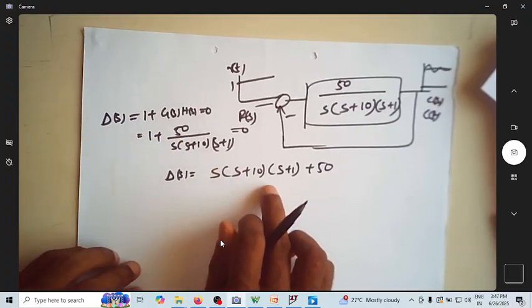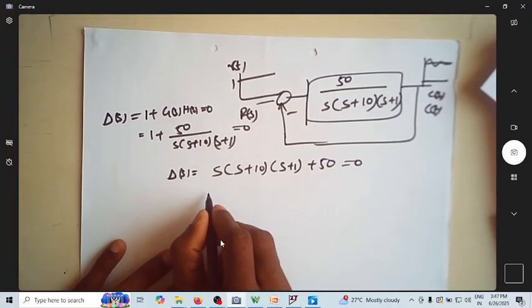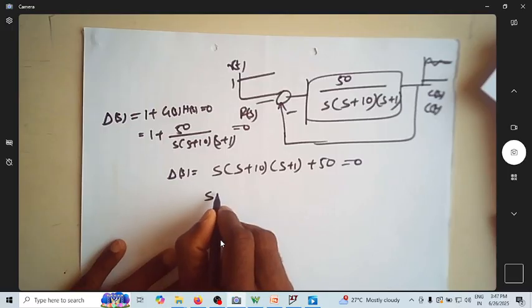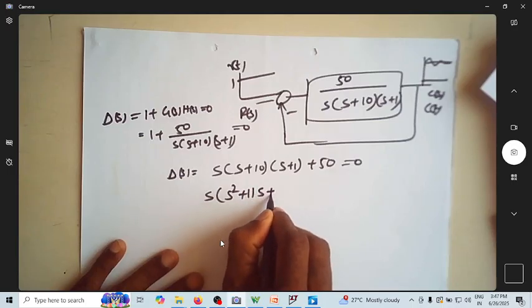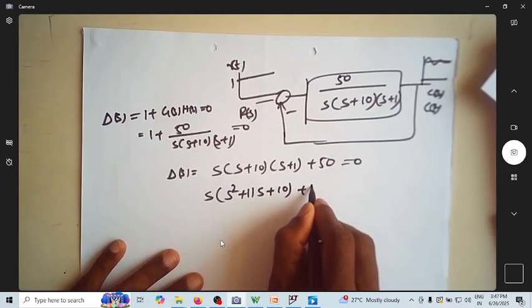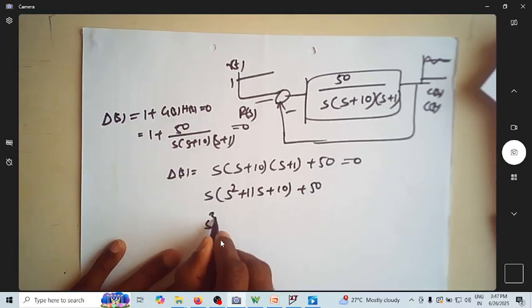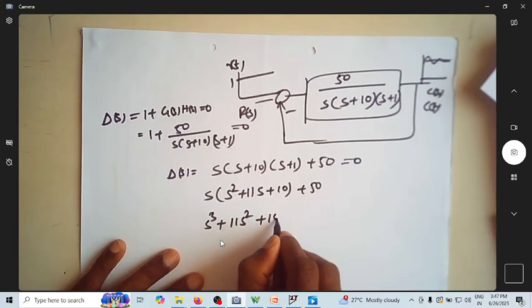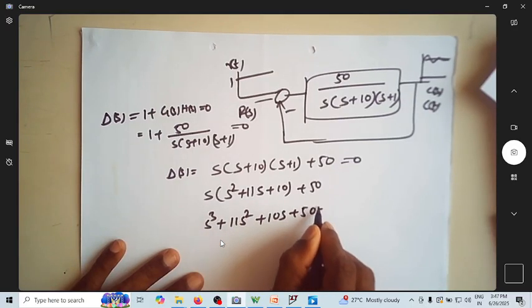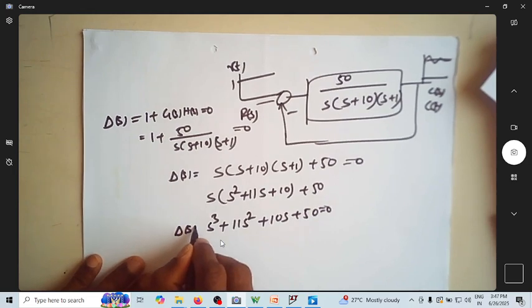Take the LCM, then s into s square plus 11s plus 10, plus 50. So this is s cube plus 11s square plus 10s plus 50 equal to 0, which is my characteristic equation.